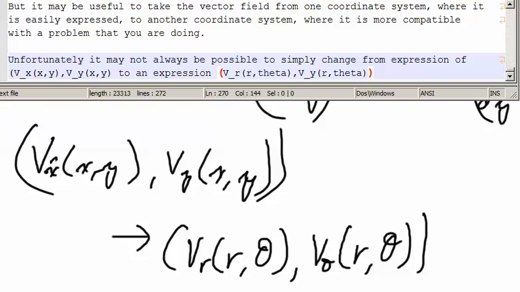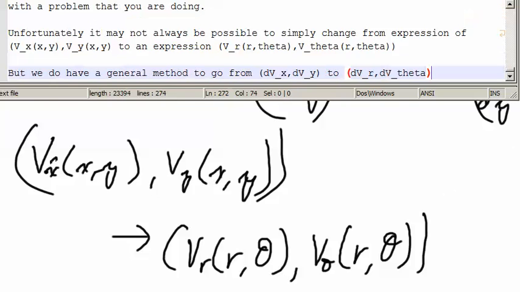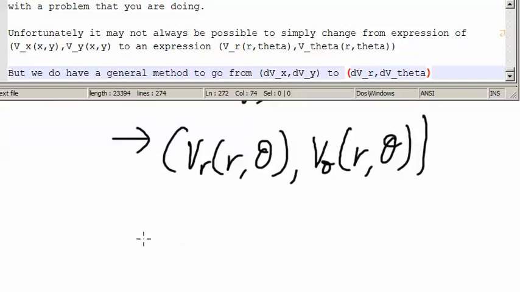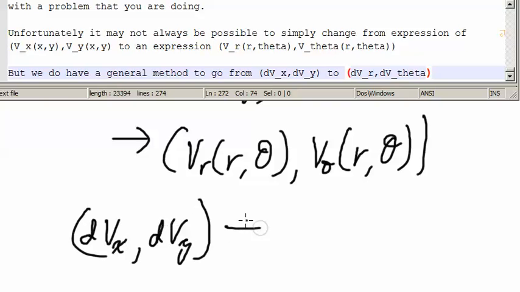It might not always be possible to do that, but it does appear we've got a general method of going from dv sub x comma dv sub y to dv sub r comma dv sub theta.